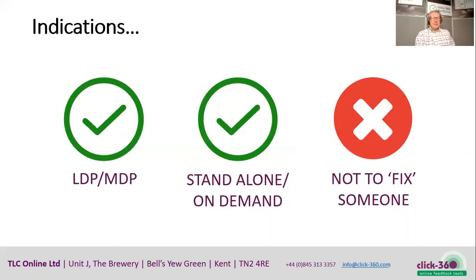Much more common, in addition to an LDP or an MDP, is making the 360 application available on demand to managers or leaders throughout the year. Although we would still add the cautionary caveat about keeping it separate from the performance appraisal process.